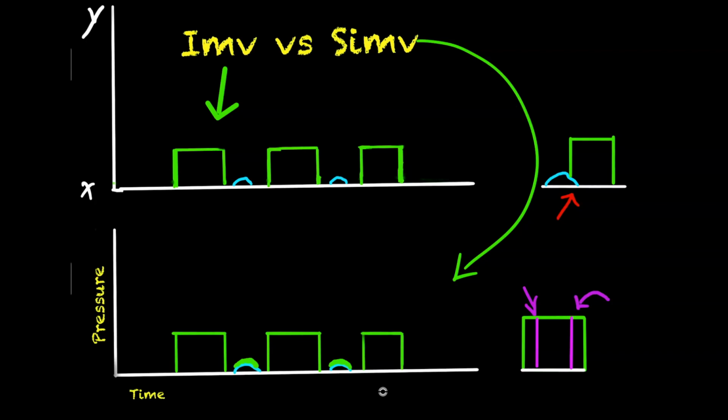What happens is during the exhalation phase, there's not enough time to expel all the gases out of the lung. So when the next inspiratory phase takes place, it's forcing more gas into the lung on top of the gas that was left in there from the previous breath.